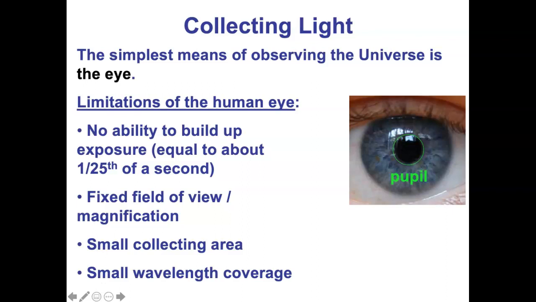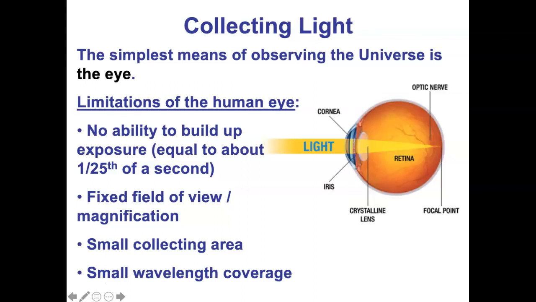Your eye, just like a telescope: light enters through the pupil of your eye, and what happens after that? The light passes through the lens in your eye, and just like the lens in a magnifying glass, that light gets focused.